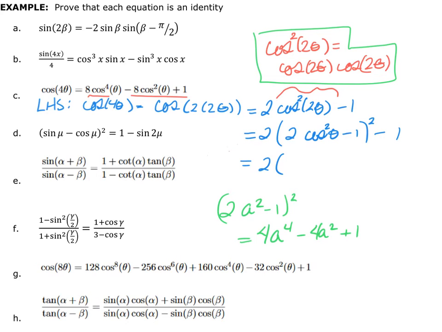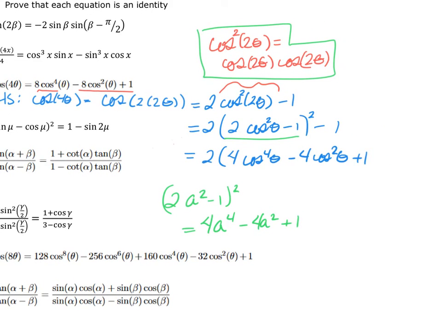So using the same rules as the perfect square trinomial, this part right here will become 4 cosine to the 4th theta minus 4 cosine squared theta plus 1, and then parenthesis minus 1.